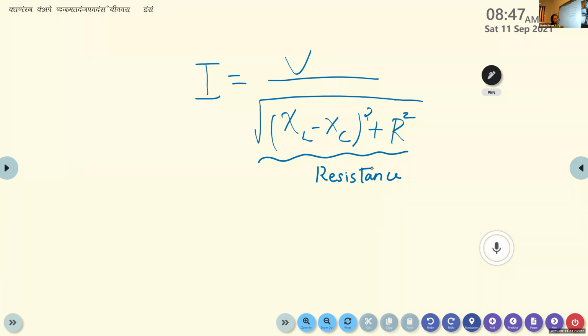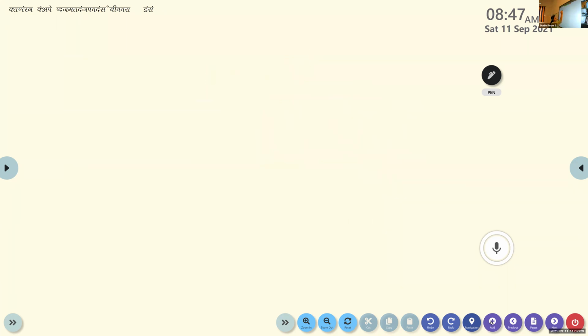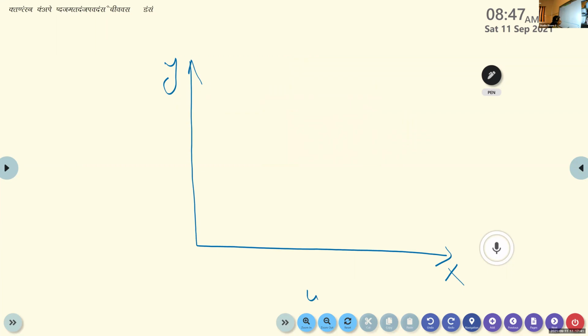So here we are going to draw a graph, the current versus angular frequency graph. Take the angular frequency omega along the x-axis and the value of current along the y-axis.